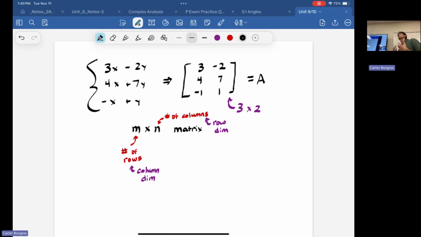If I want to refer to a generic entry within a particular matrix, the way we do so is of the form A sub ij, where i tells you the row number and j tells you the column number.